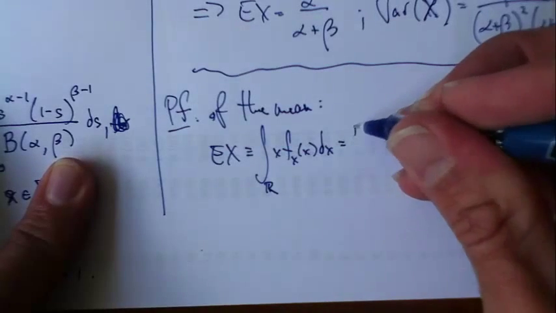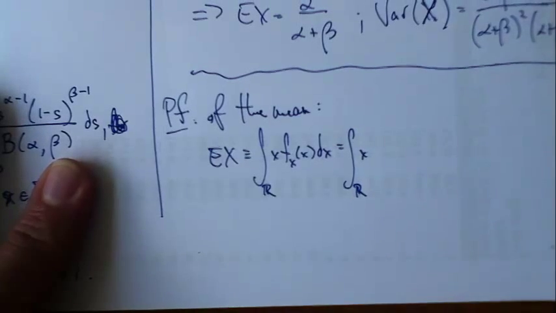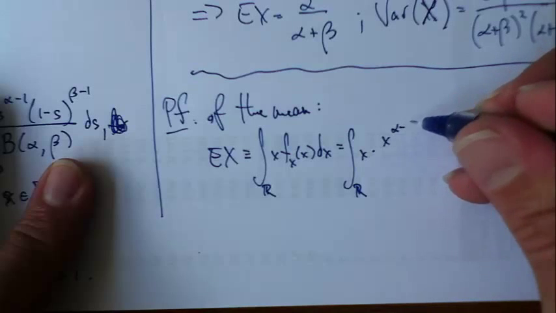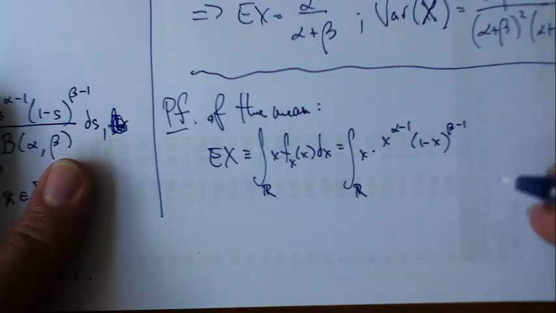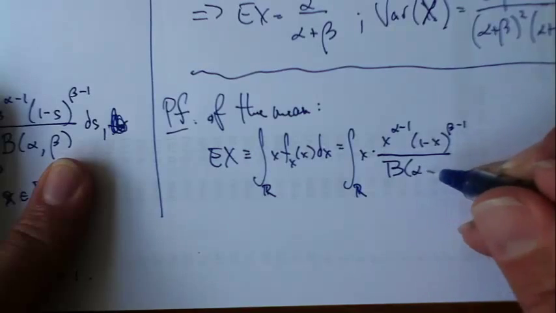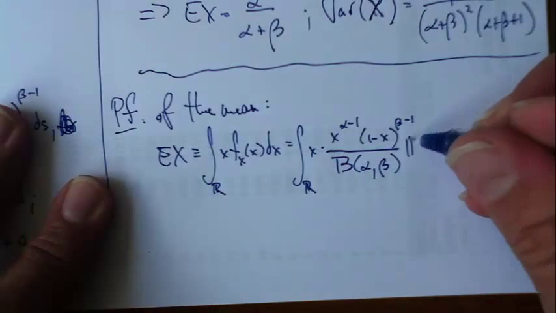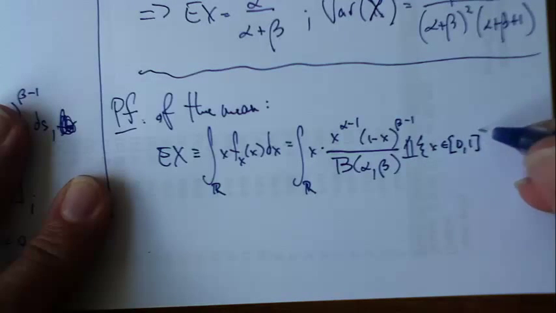So that's just the integral over all reals of x times, I'm going to sub in my density function there now, which is x to the alpha minus 1 times 1 minus x to the beta minus 1, all of that over the beta function evaluated at alpha and beta. I'm going to multiply all that by my indicator function of x being in the unit interval, 0 to 1, so dx. Okay.